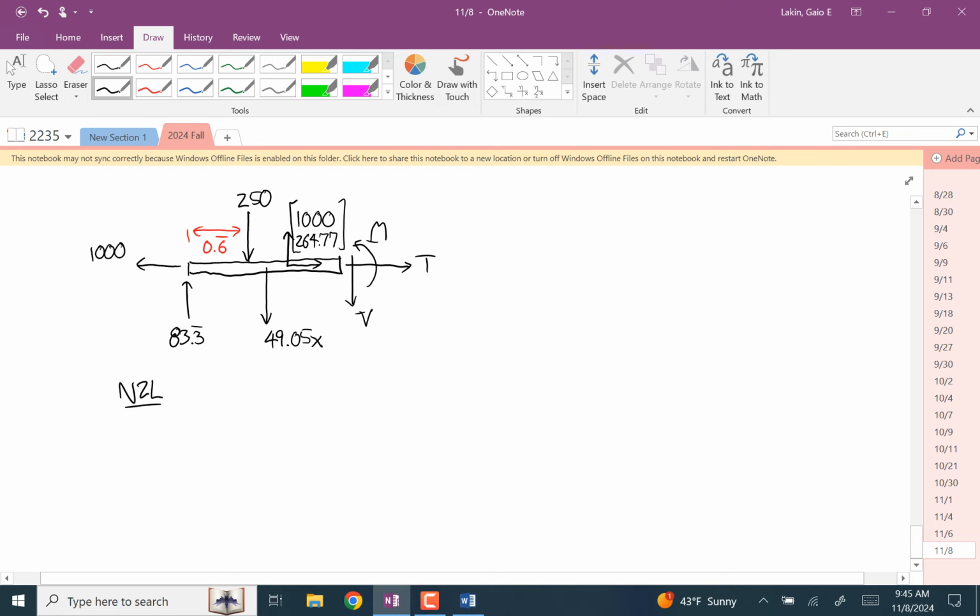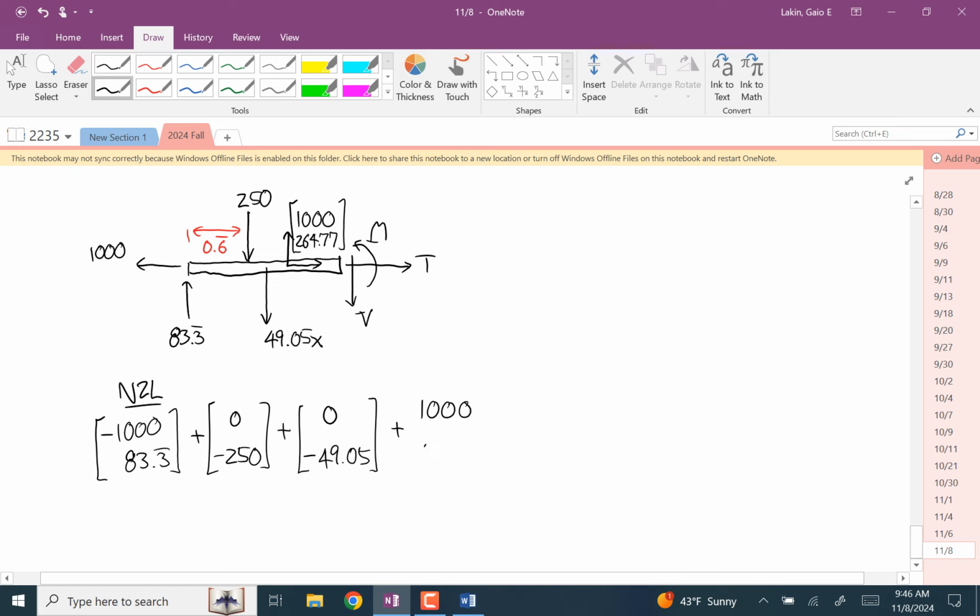So Newton's second law says negative 1,000, positive 83.3 repeating, plus 0, negative 250, plus 0, negative 49.05, plus 1,000, 264.77, plus T, negative V, is equal to zero.